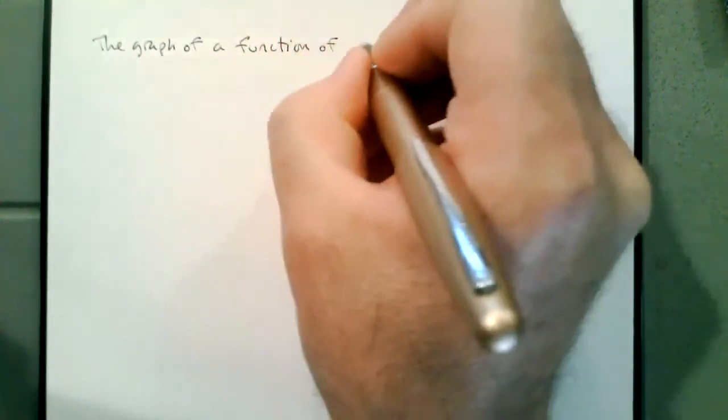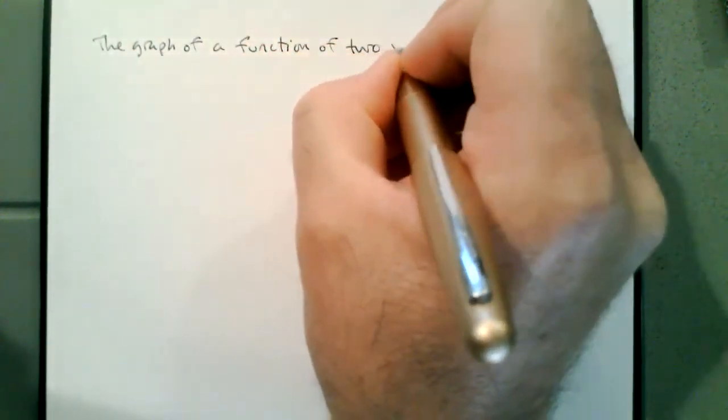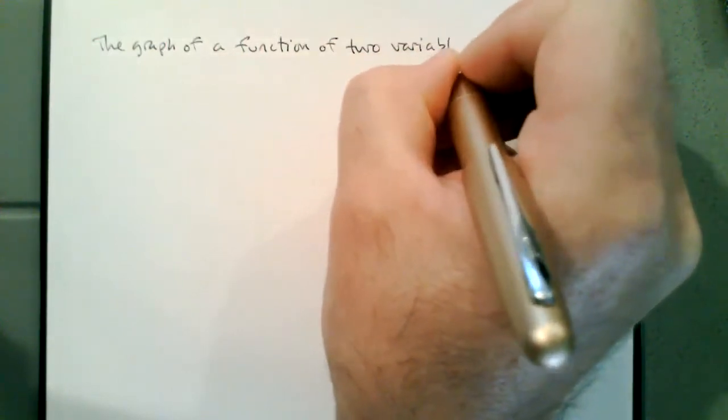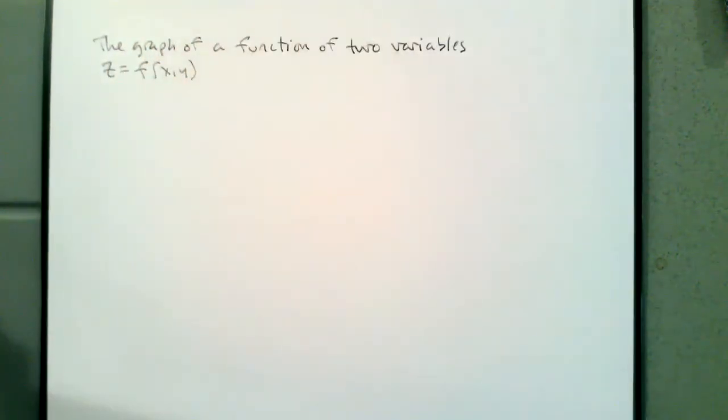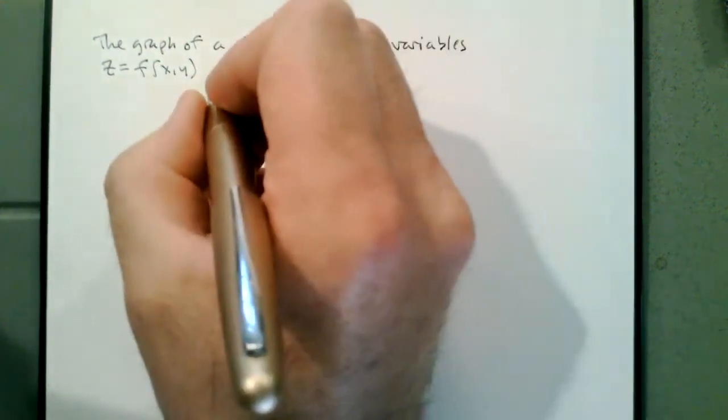So the graph of a function of two variables, say z equals f of x, y, will be a two-dimensional surface in three-dimensional space.